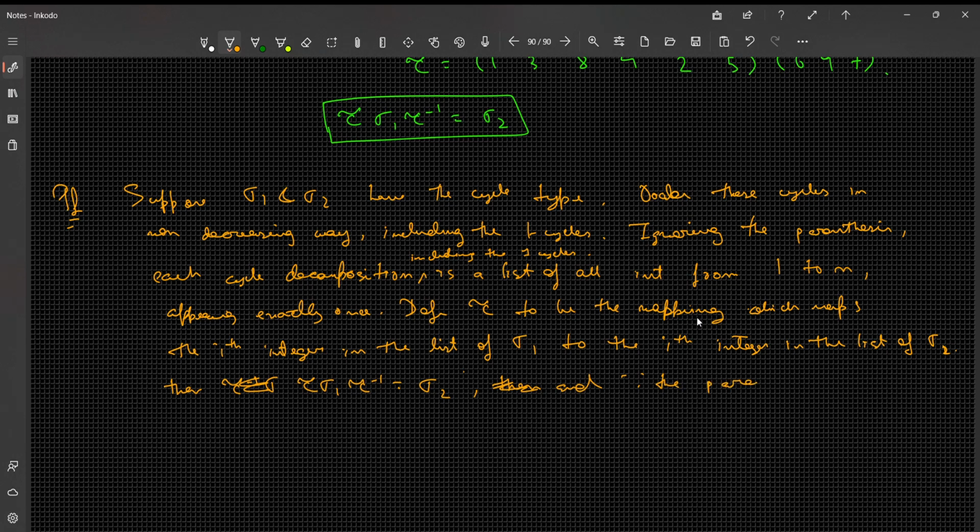Since the parentheses which delineate the cycle decomposition appear in each list, we have the required result.